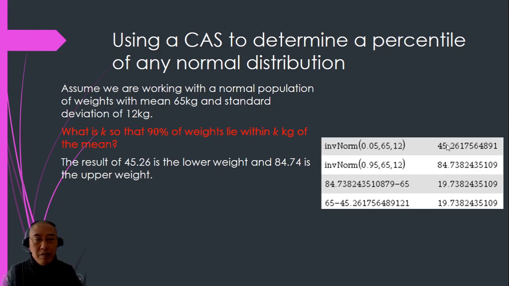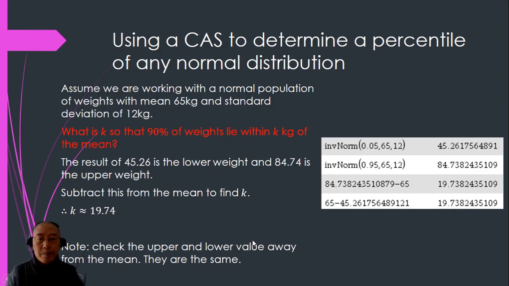And similarly, if you use the lower boundary, if you subtract that lower value from the mean, you will get the same k value. And yes, the upper and lower value away from the mean are identical. As we said, from that 90%, by convention, we're going to say it's 5% on the left and 5% on the right, so there's going to be a symmetry on the boundaries.